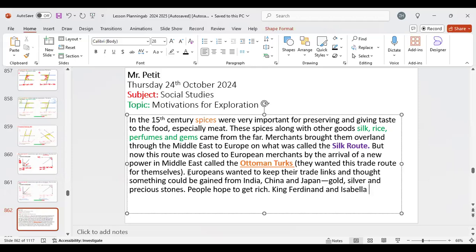They had a rivalry, the king and queen of Spain, but they had a rivalry with who? Portugal.